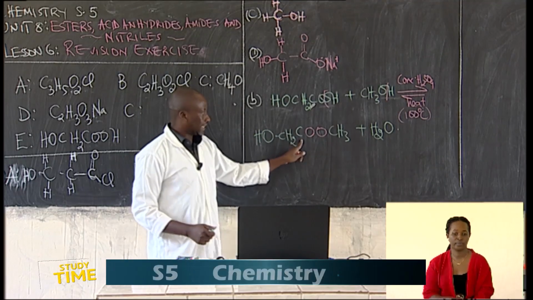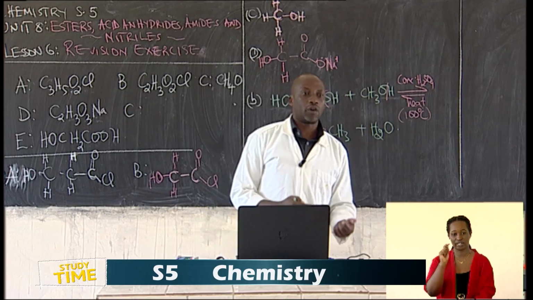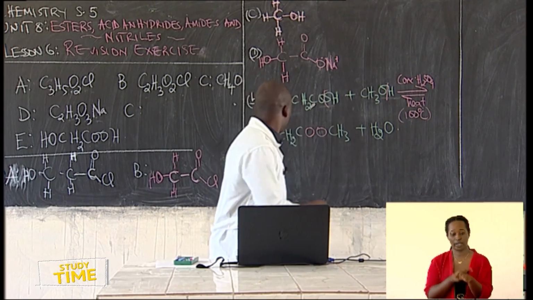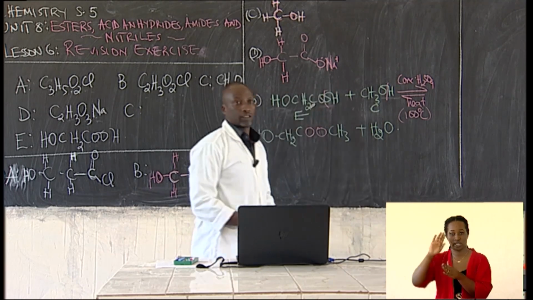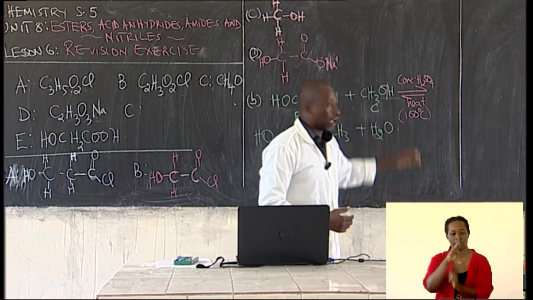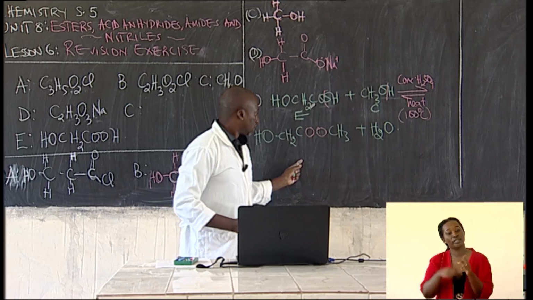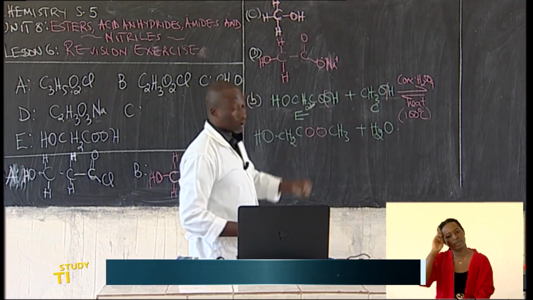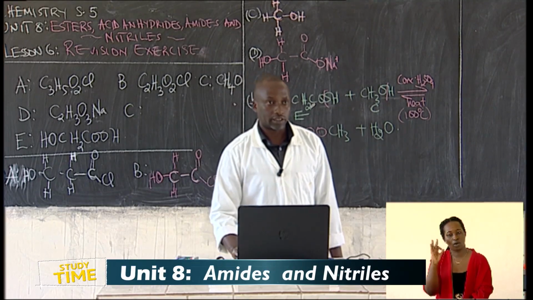So this is the structure of the ester. When compound E and C, this was E and this was C, are reacting together, that is the product. The conditions are this. What is the name of this compound? You remember how we name these ester compounds.